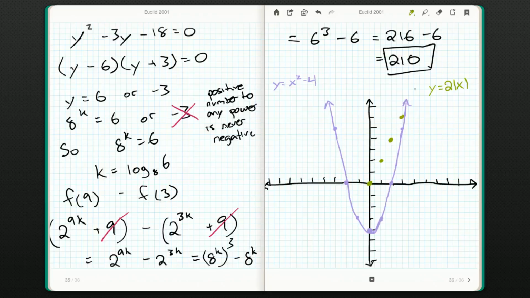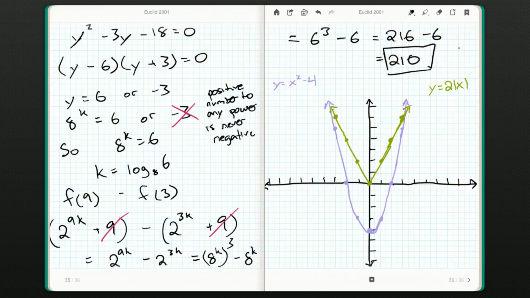We'll be off the grid at the next one, so we'll just stop there. And then how about -1? Well, the absolute value of -1 is 1, and 2 times 1 is 2. So this one's also going to be very symmetric about the y-axis. And we get this V shape here. So there we've graphed both of our functions that we were given.